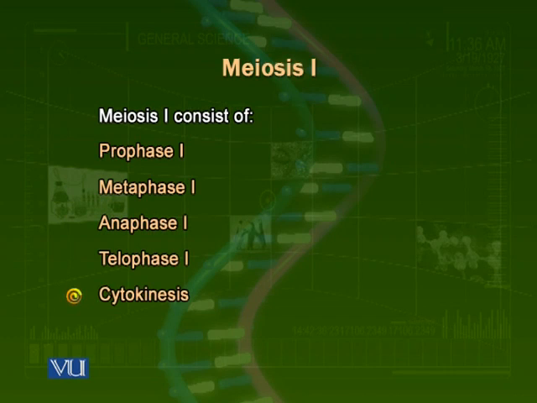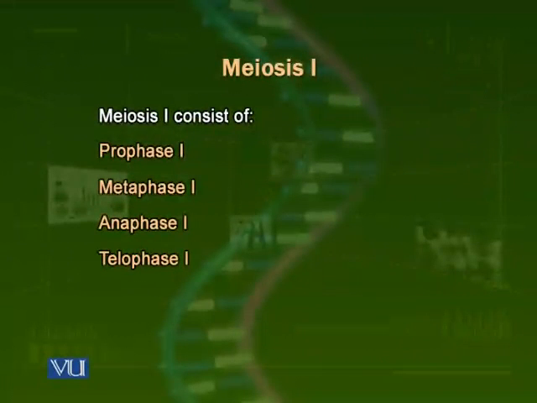When the nuclear division is complete, the cell divides into 2 by cytokinesis, and when it is almost divided, it starts its next phase of division called Meiosis II. Meiosis II is just like mitosis. It simply divides both the cells into the same type of cells with an equal number of chromosomes.